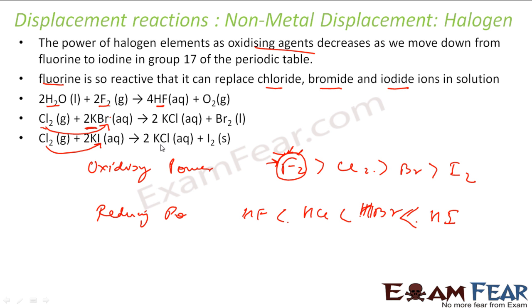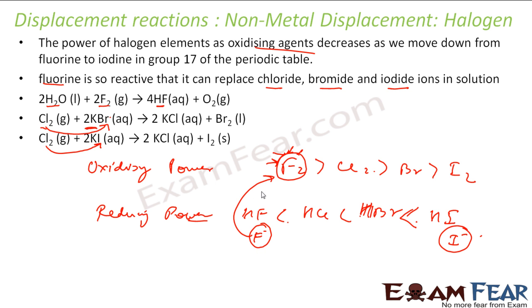Similarly, if you talk about reducing power, it is just the other way around. See, this is happy to be in the F minus state, but this is easy to go to the I2 state. This is happy to be in the F minus state, so this will not try to go to the F2 state, right?